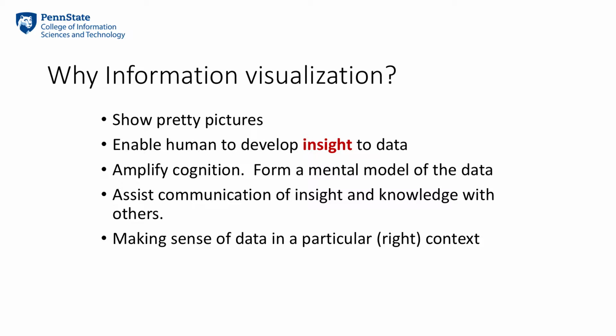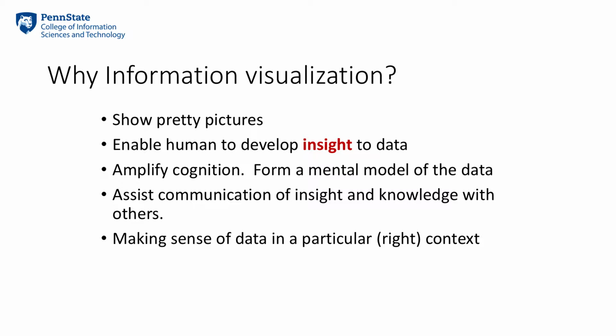Last, information visualization should also consider putting the data into context, where people can relate the observation with the existing data that we already have. Information visualization doesn't have to be limited to the data you observe.